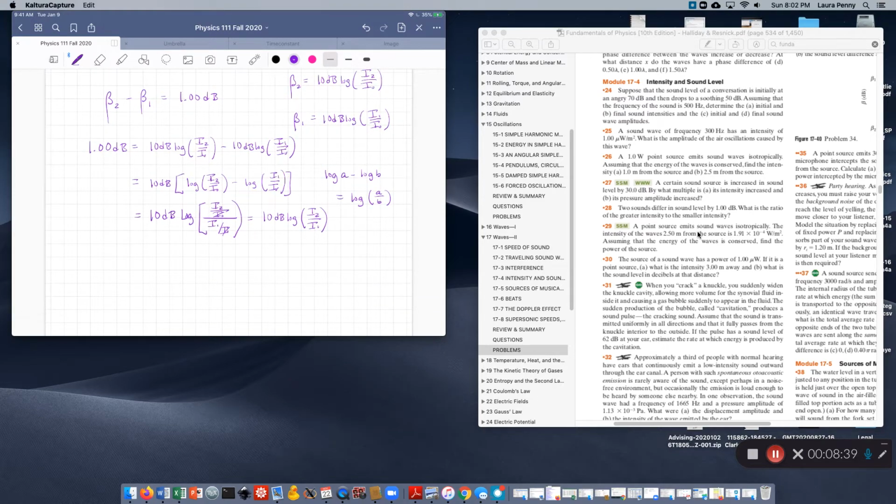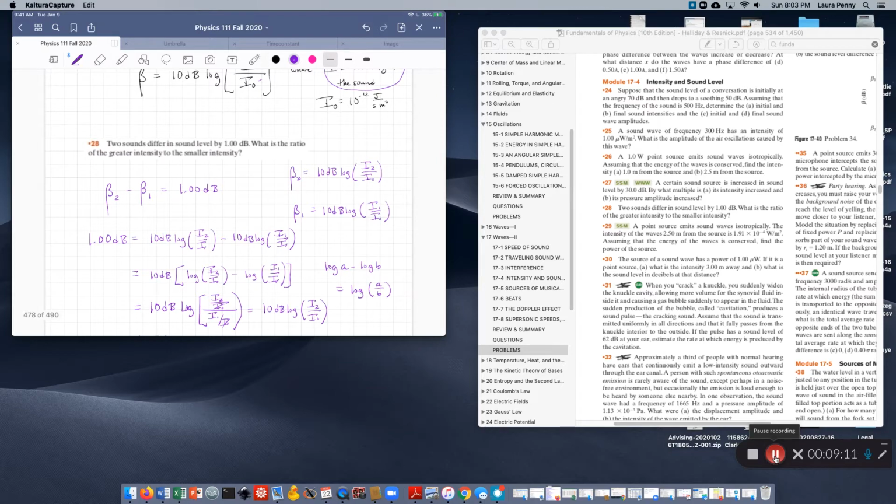And so I can solve this now. I can basically say, okay, well, the log of I2 over I1 is 1 decibel divided by 10, which is just 0.1. Let me look at my calculator. Okay. And so then I2 over I1 is just 10 raised to the 0.1.